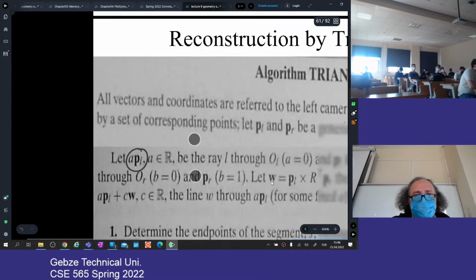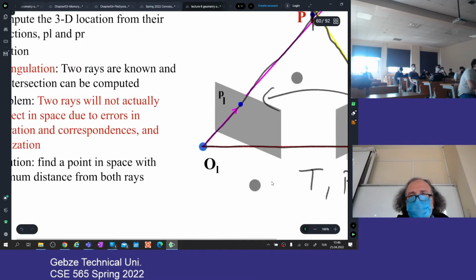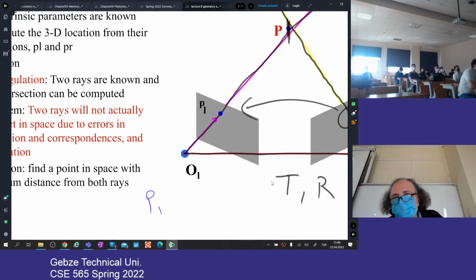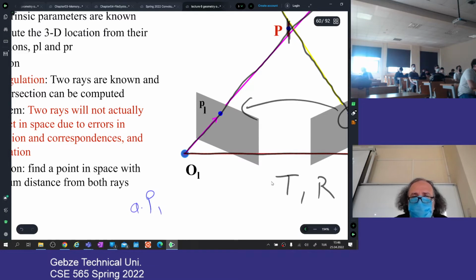A PL, from here. Okay, what is PL? PL is a three-dimensional point, right? It's a three-dimensional point. If A is a real number, what is A PL?